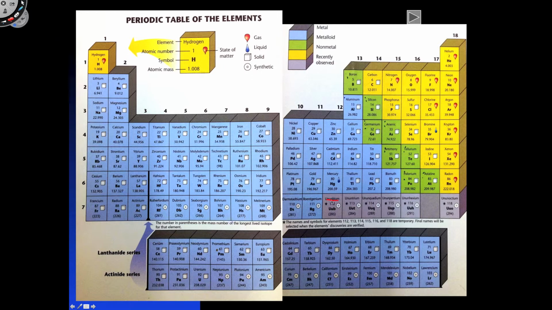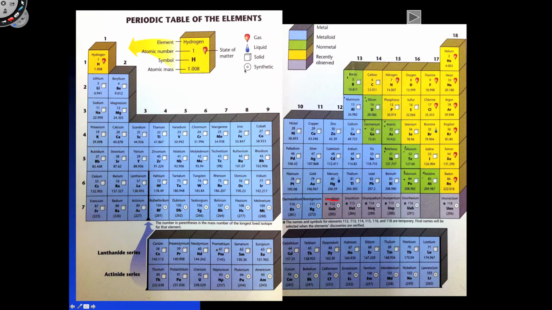And it took quite a long time for it to officially be accepted, because scientists from other labs want to prove or disprove that that element can be synthesized. We haven't mentioned it, but most of the elements down here, as you get farther down, are synthetic.